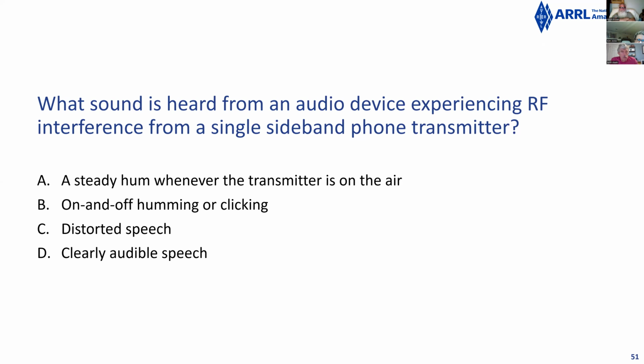Speak up. Keith, if you're saying something, your audio is muted. Oh no, I was just saying this one. I was going to guess C, but I don't know. That's a very good guess. Oh, okay. C, distorted speech.